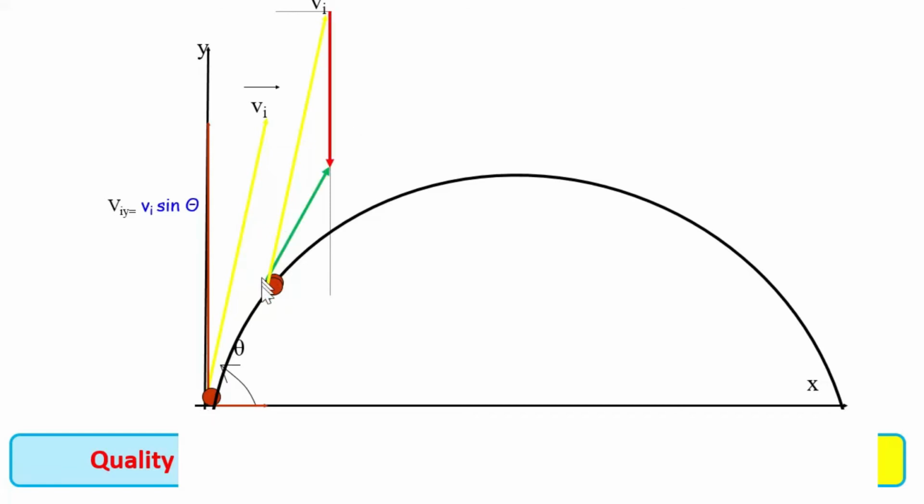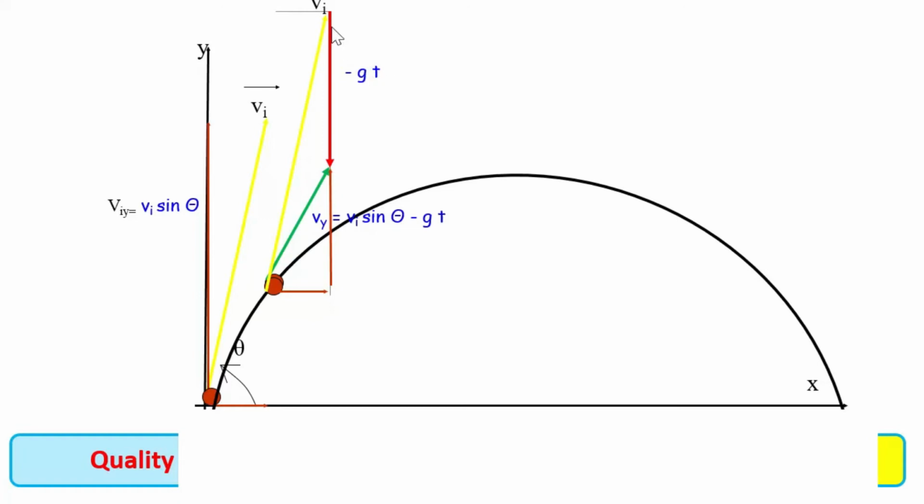But after some time t, if the ball reaches this position, then the initial velocity, which is shown by the yellow vector, changes to some other value represented by the green vector. How much change has occurred? You can see that a red vector represents the difference between the two vectors. This amount of change is actually minus gt.